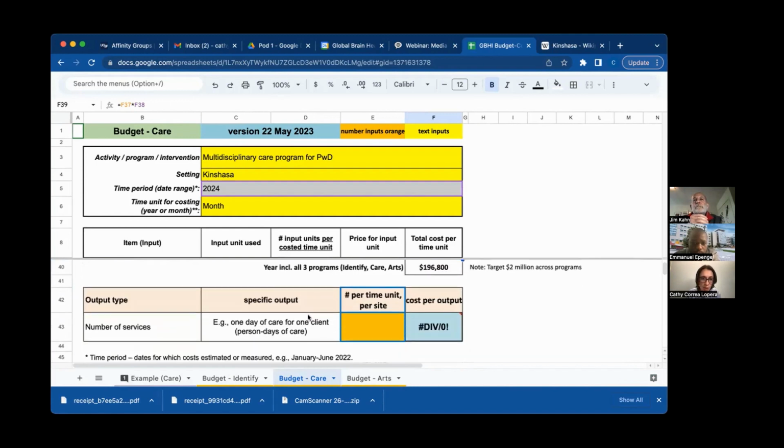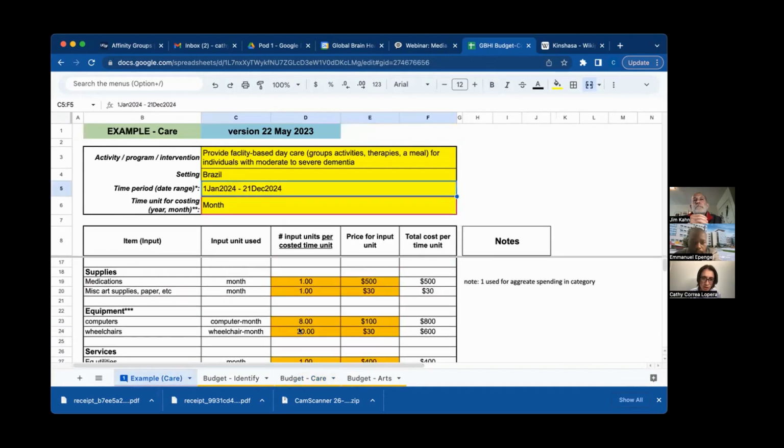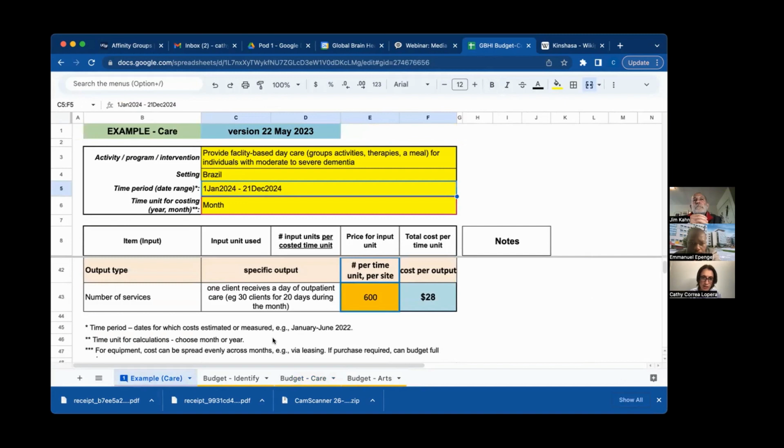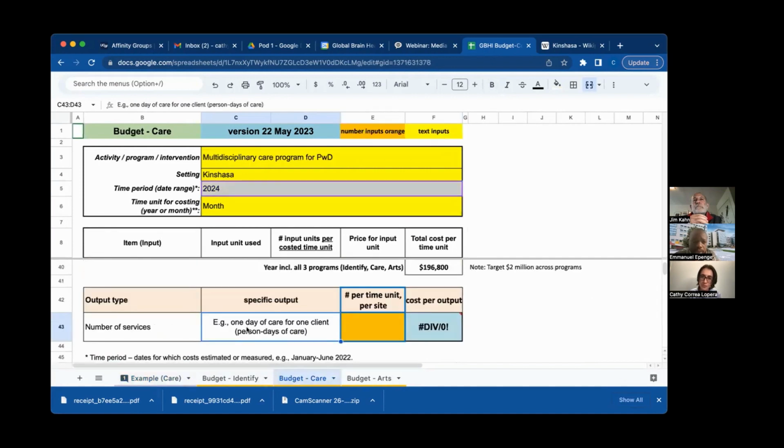But what about this? So we have to find the number of services. It's okay if I go to the example because I don't remember exactly how it was. Like one client receives a day of outpatient care. So I think the number of services will gather all the services, the medical services and the non-medical services.